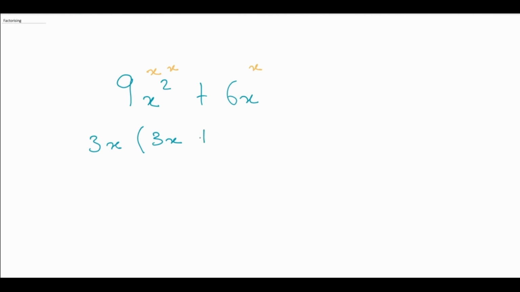So we know 3x times plus 2 will give me 6x. And to double check this, we can go back to our expanding brackets video and expand these brackets to see that this will indeed give us 9x squared plus 6x. And this is essentially how you would factorise. Let's do another question.